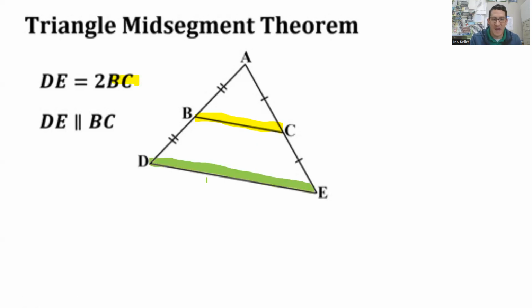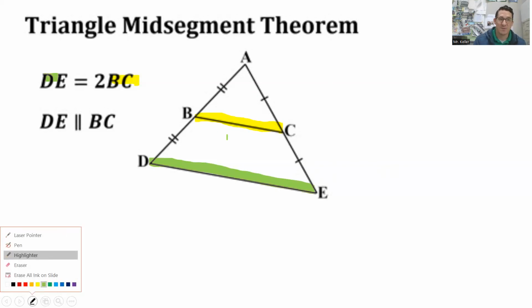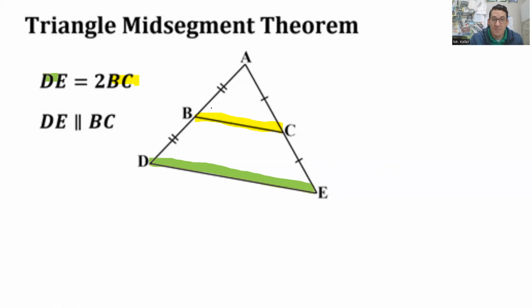So the yellow part is half as big as the green part. So when we set up equations, you need to multiply the yellow part by 2 because 2 of the yellow is equal to 1 of the green. That's why we're multiplying by 2 on the yellow part here. They're also parallel. They have to be parallel, because the mid segment is always parallel to the base. And the mid segment bisects both sides at its crossing, so it splits those sides into equal pieces.